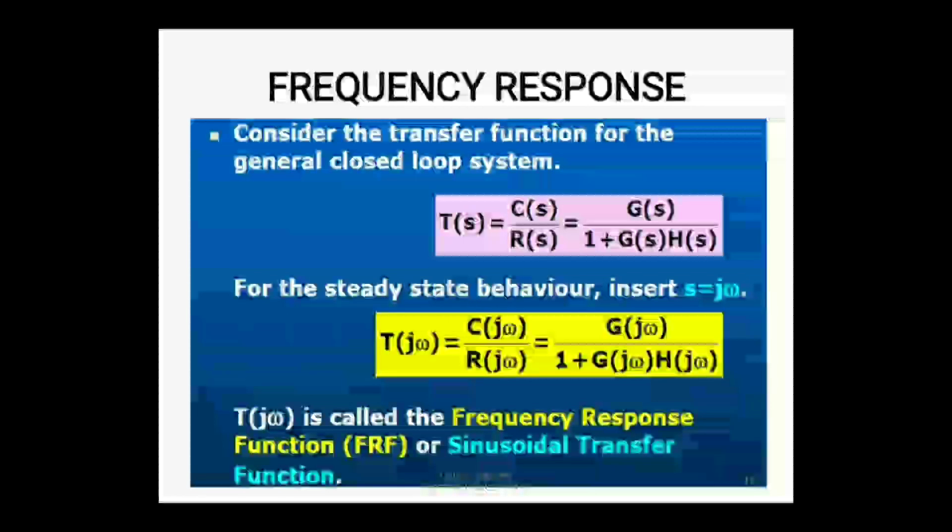Consider the transfer function for the general closed loop system. That is, in the s domain, we can write T(s) is equal to C(s) upon R(s), which is equal to G(s) upon 1 plus G(s)H(s).